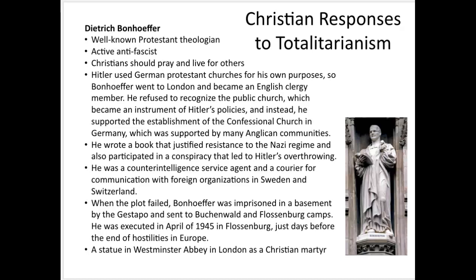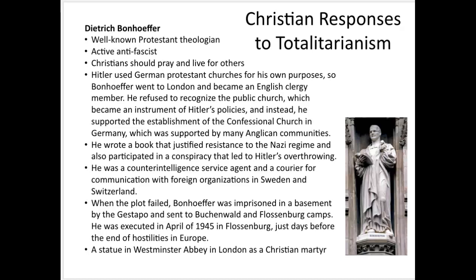And he also participated in a conspiracy to overthrow Hitler. Because of this, he was a counterintelligence service agent and a courier for communication with foreign organizations in Sweden and Switzerland.